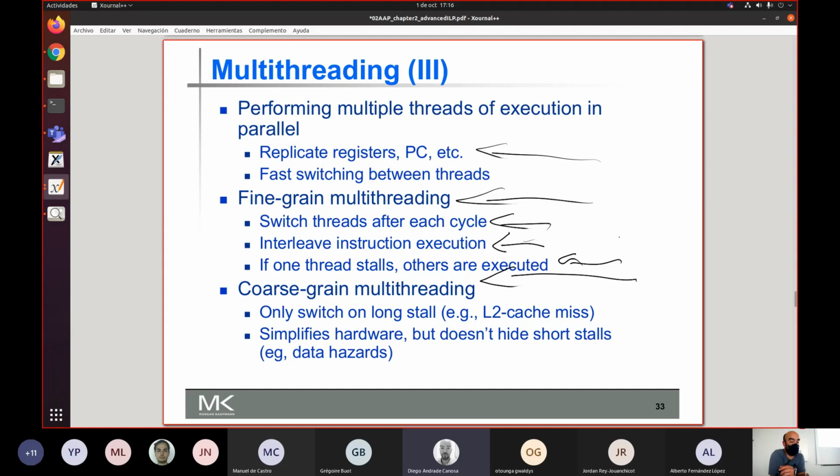In coarse-grained multithreading, you only switch when you know that there is a long stall, and the example is when you miss the cache. This is going to simplify the hardware. But the problem is that when you have short stalls, like a data hazard, where one instruction generates a piece of data and the other consumes it almost immediately, these kinds of stalls are not going to be hidden when you use coarse-grained multithreading.